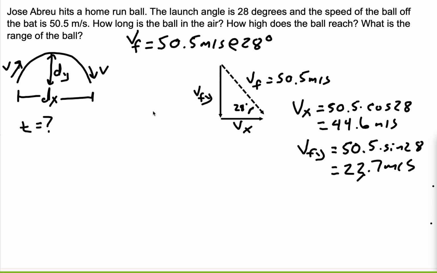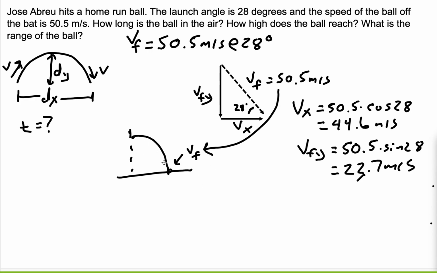Basically, we're pretending that the ball started up here and landed on the ground over here, and that this final velocity, this VF, is 50.5 at 28 degrees.